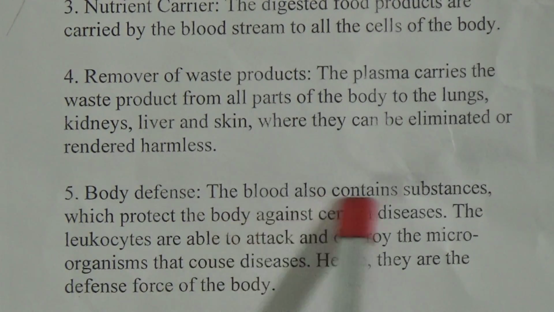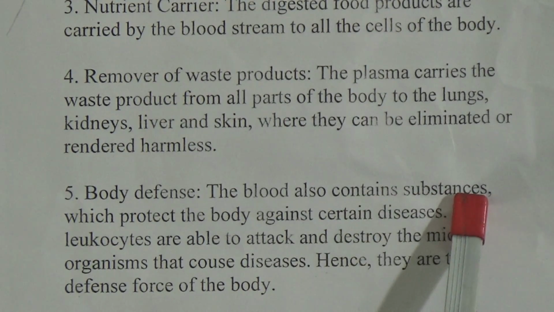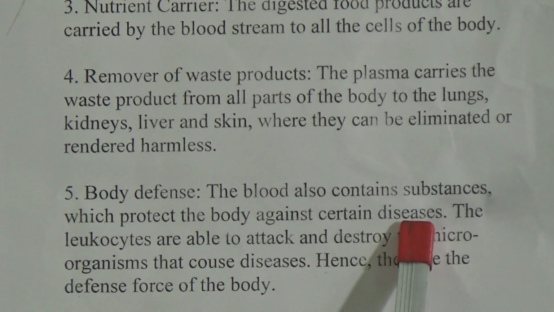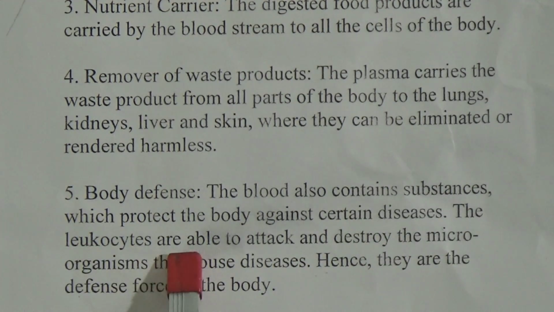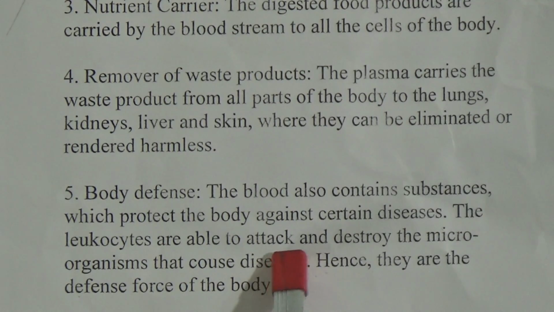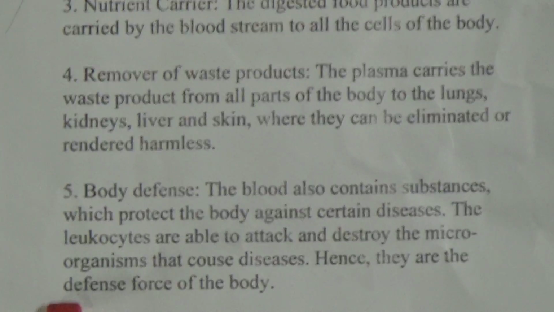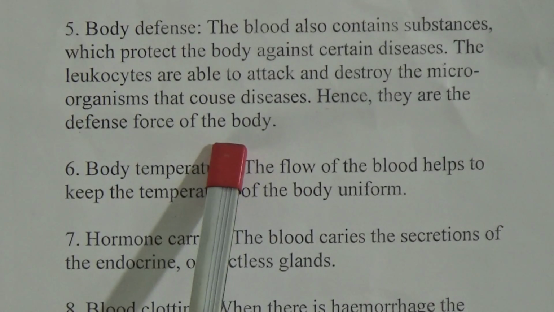The blood also contains substances which protect the body against certain diseases. The leukocytes are able to attack and destroy the microorganisms that cause diseases. Hence, they are the defense force of the body.